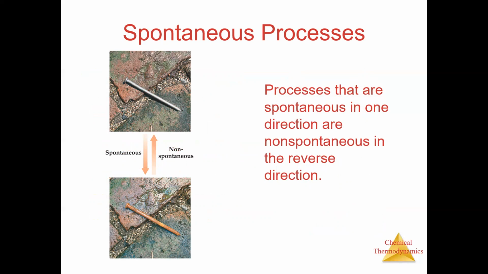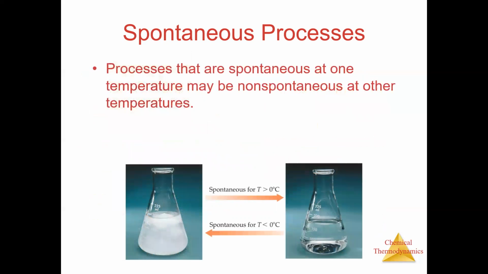To remove the rust, we need sandpaper to rub on it. Hence, processes that are spontaneous at one temperature may be non-spontaneous at another temperature. For example, melting of ice into water requires the temperature to be greater than 0 degrees C, while conversion of water into ice requires it to be less than 0 degrees C.